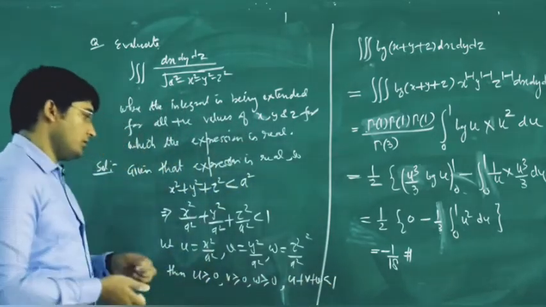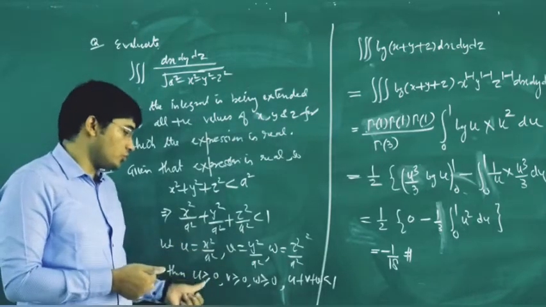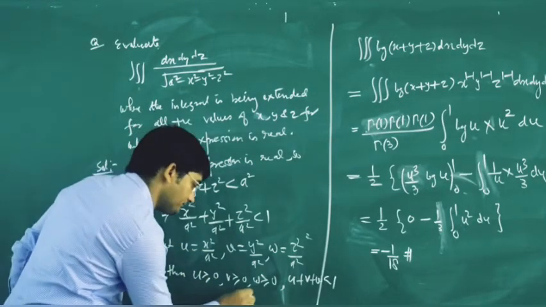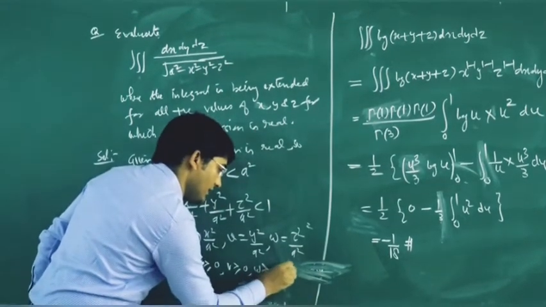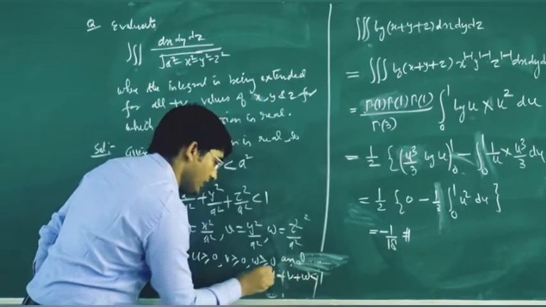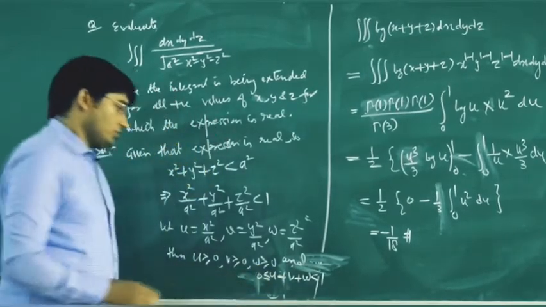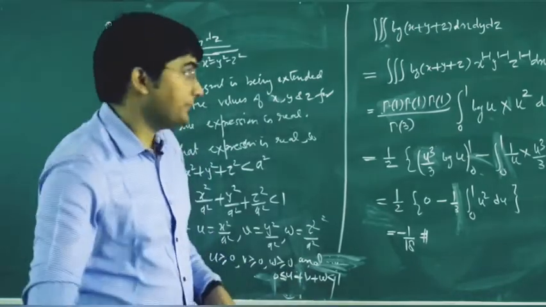So here we can say that u plus v plus w is less than 1 and greater than or equal to 0, so the limits will vary from 0 to 1.